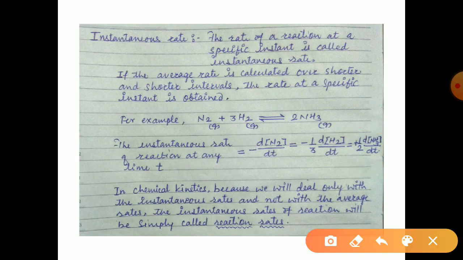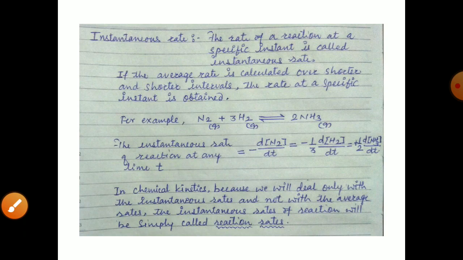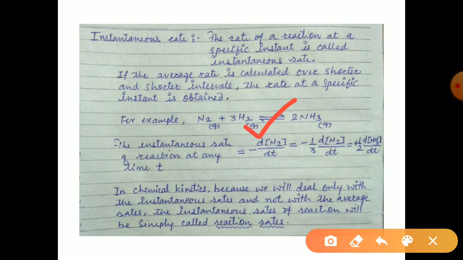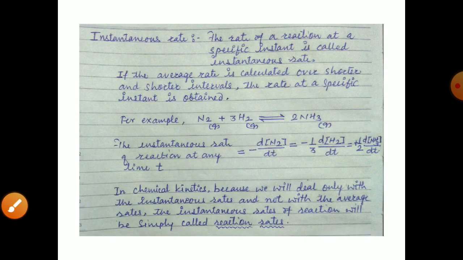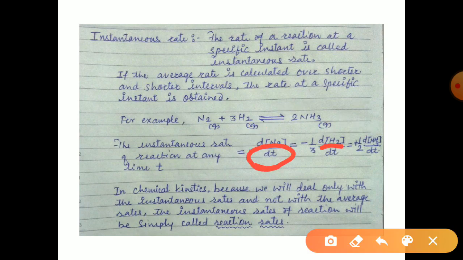So here, instead of delta, we use d to indicate instantaneous rate. Here change is indicated by d, the small change. In a small time interval, at the particular instant, the change will be very small.